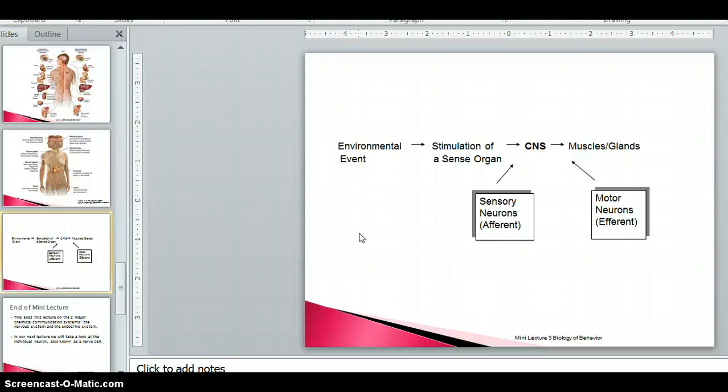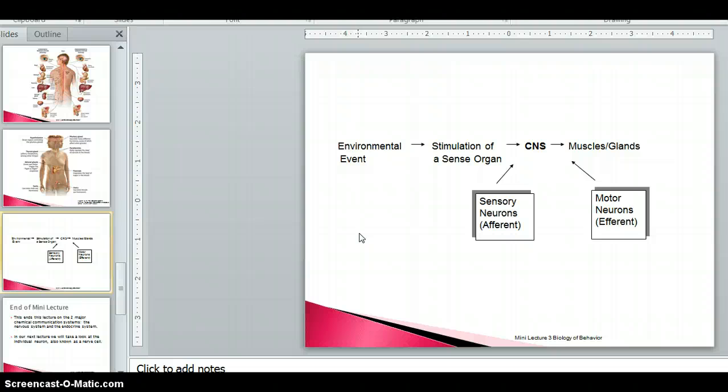How is it that something outside of you, this environmental stimulus or event, somehow gets into your body and then is translated? Somehow this information then turns into you writing down in a notebook or on a piece of paper words like neuron and endocrine system.